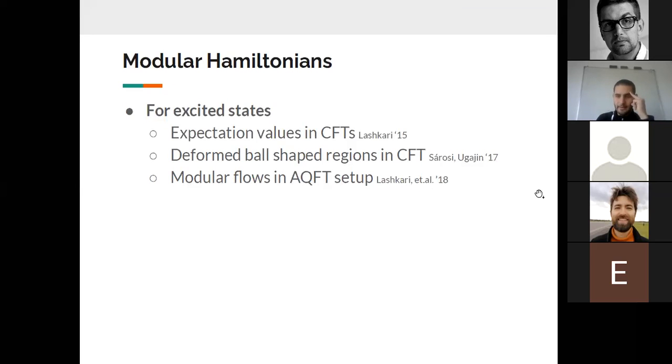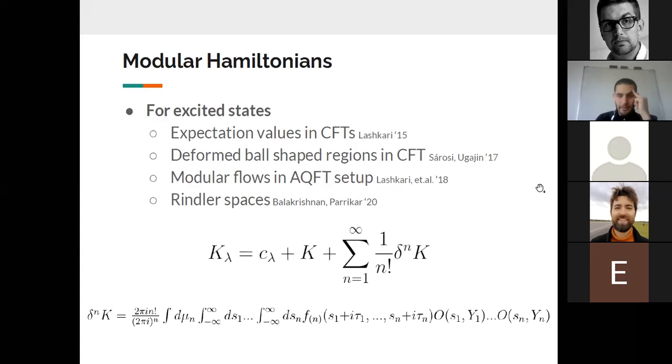But there is also another paper that is important to us, which was published by Parikh and Balakrishnan earlier this year, I guess about 5 days before our paper, in which their setup is very similar, almost identical to ours. They were also worried about trying to understand what the modular Hamiltonians are for these states.